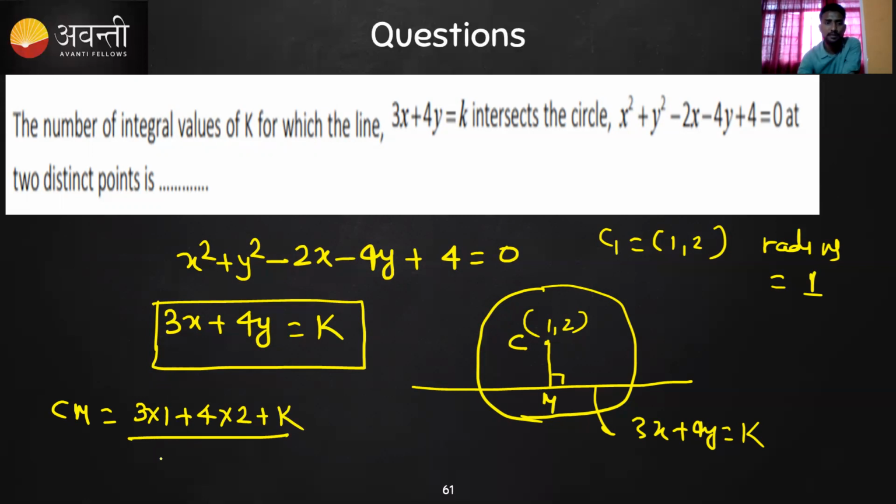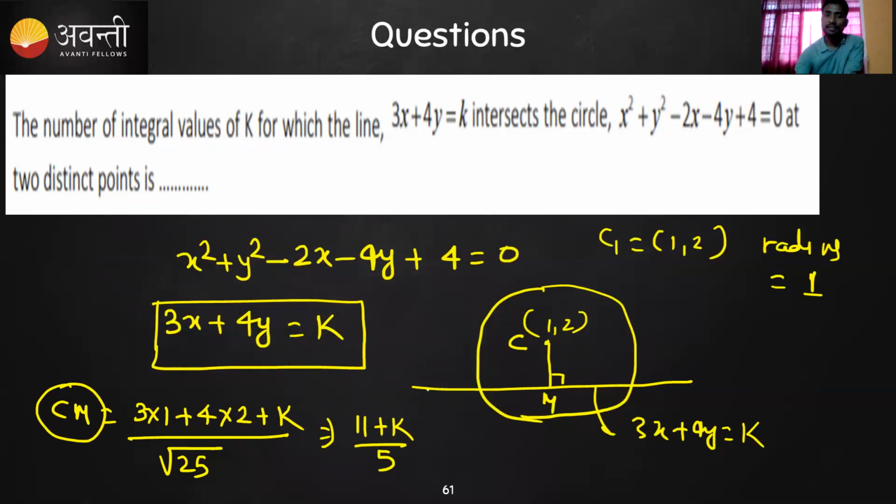So it will be basically 25. So from here, what we will get? 8 plus 3, it is 11 plus k divided by 5. So this is basically nothing but the perpendicular distance between C and M, this line and this point. So this CM value, right?